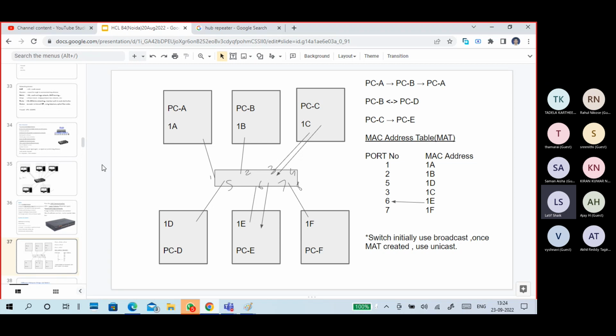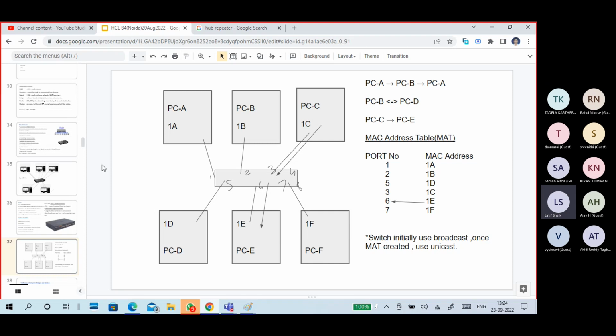That is called a MAC address table. So the switch initially broadcasts like a hub, but once it learns the MAC addresses of the devices and maps them to the port number where each device is connected, that mapping we call the MAC address table. Okay.